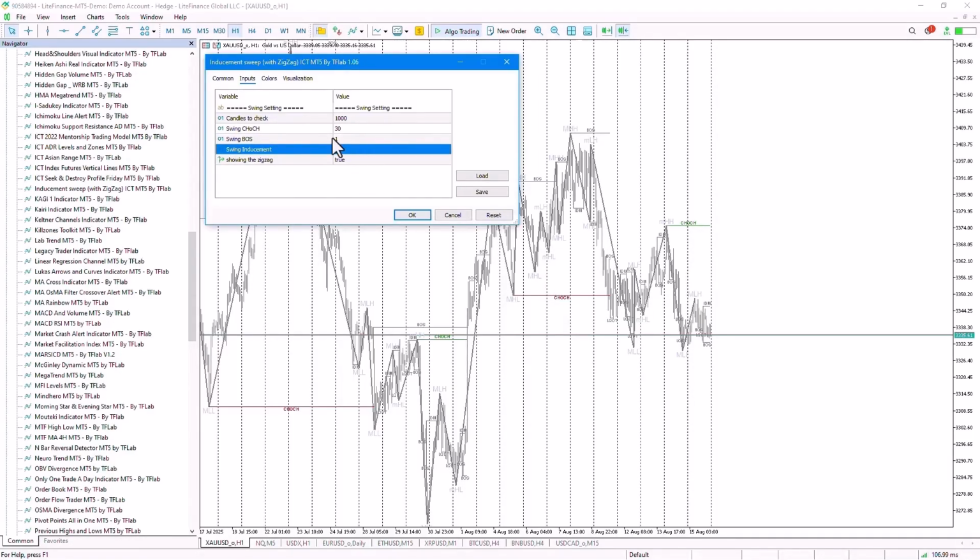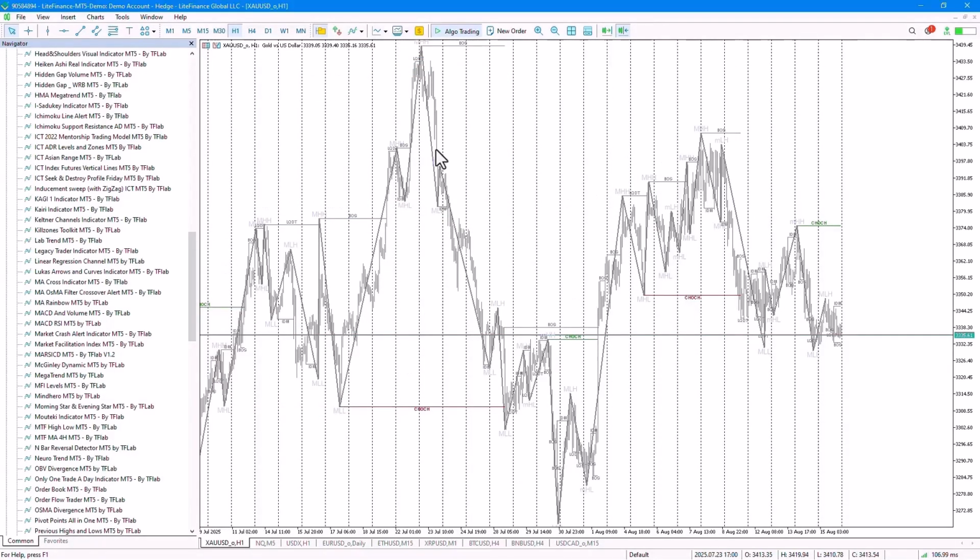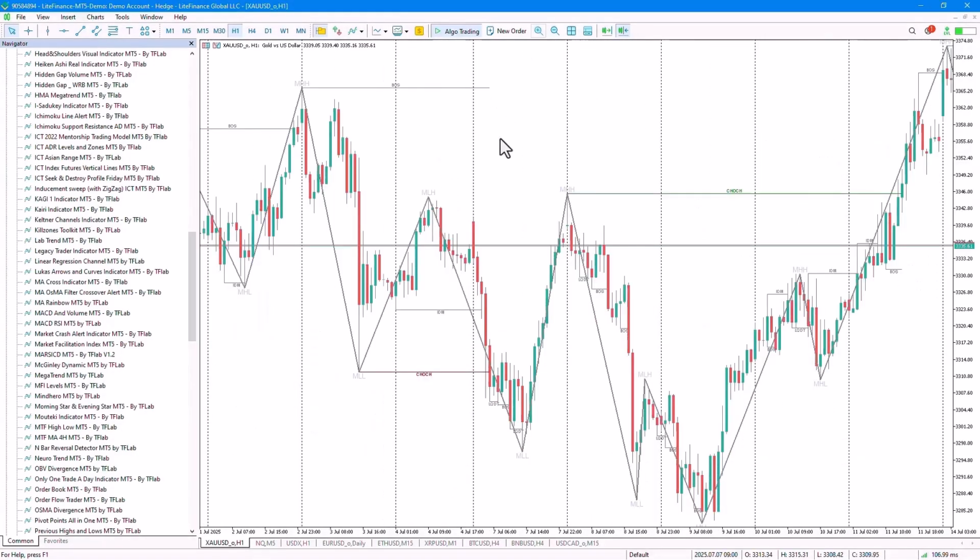In the next input, we can also specify the swing inducement, which is set to 3 by default. The higher we set this value, the swing inducements that are identified will be based on longer-term periods, and the lower we set it, the swings that are identified will be based on shorter-term periods. The way swings work is based on identifying highs and lows.